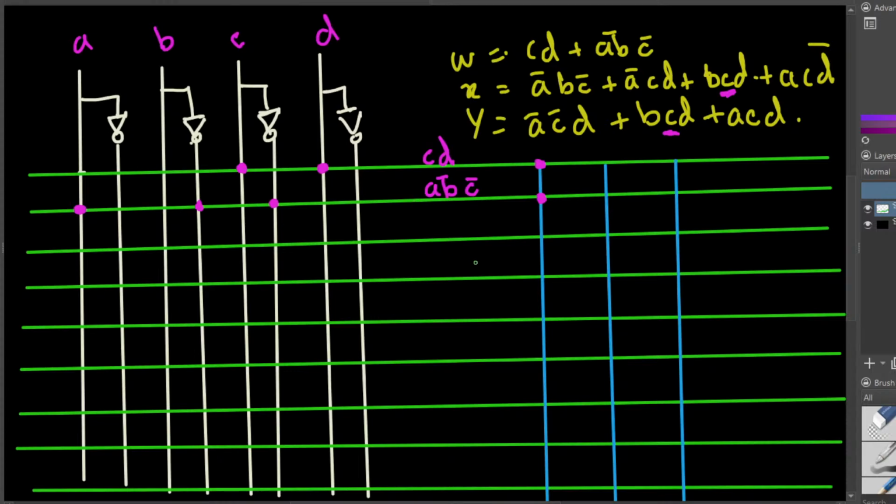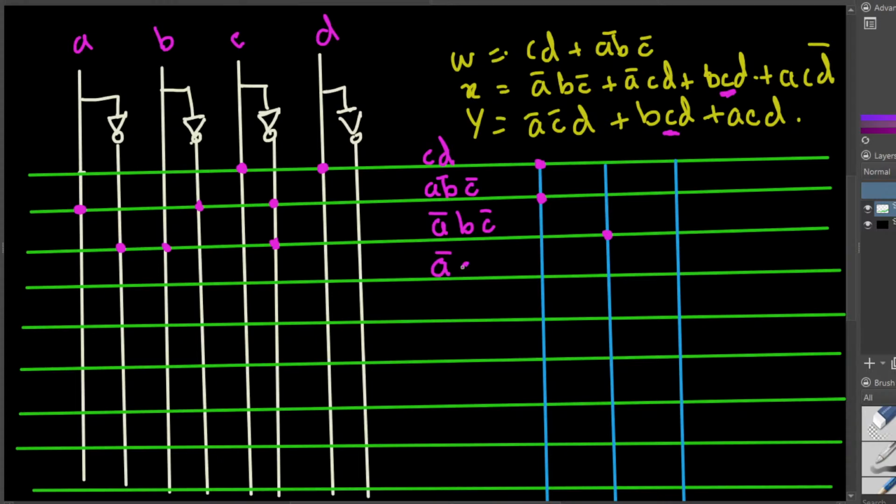Now let's look at the X. X has A bar, B, C bar. A connected with the NOT, and then B directly connected, C connected with the NOT. And this belongs to the X function. Let's look at the next one.